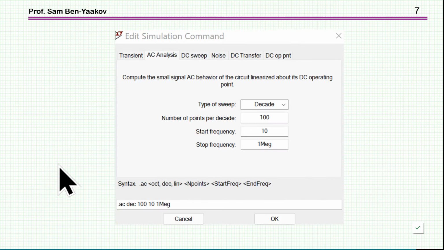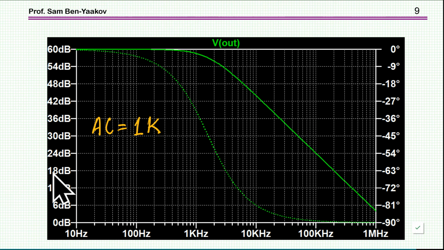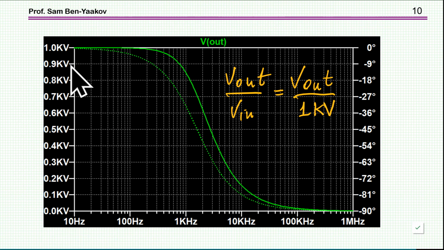We'll talk about it. So here it is. If it is 1000, then we get here 60 dB. It's in dB, 10 to the third. And of course, in a linear scale, it's 1 kilovolt. Now, if I divide the V out by 1 kilovolt, which is the input, it's not 1 now, it's 1000, then I'll get the same thing here.